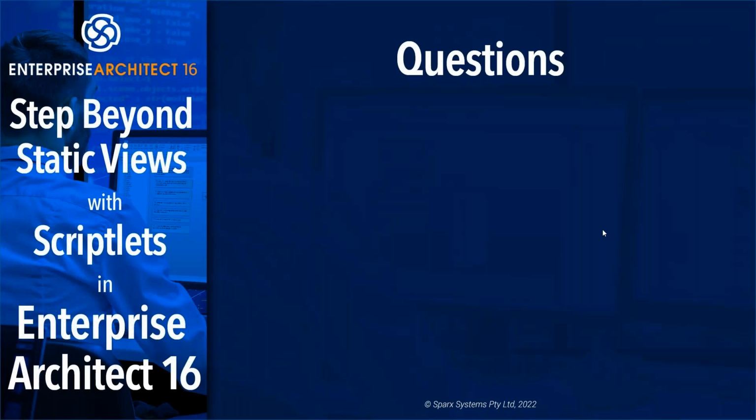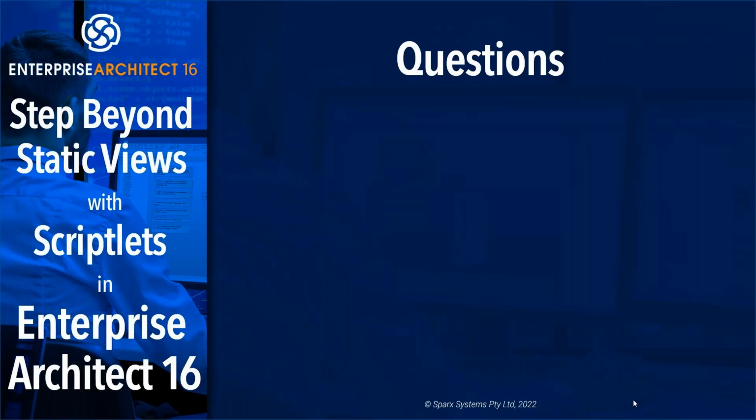So I know I've covered a lot in a short amount of time, so this webinar will be made available on YouTube shortly, and that will allow you to pause the video and have a look at the code and perhaps have Enterprise Architect 16 downloaded and running so you can implement the scriptlets yourself and see how they work and go from there. So I might just jump over to any questions that we might have.